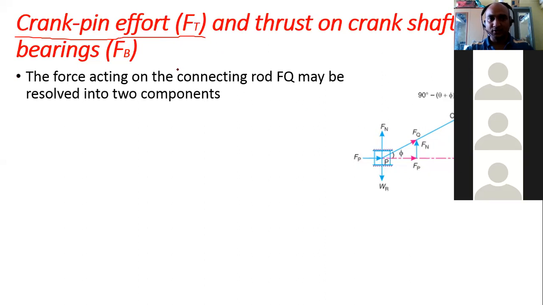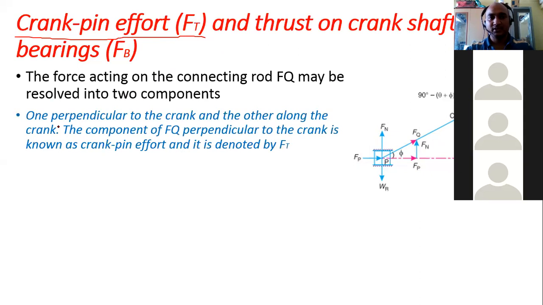You can see the force acting on the connecting rod, Fq, may be resolved into two components. One is perpendicular to the crank, that is Ft, and the other is along the crank, that is Fb. The component of Fq perpendicular to the crank is known as crank effort, Ft, that we have seen here.